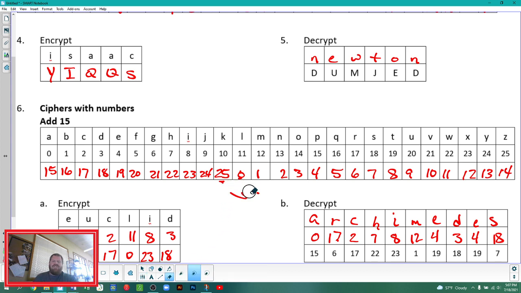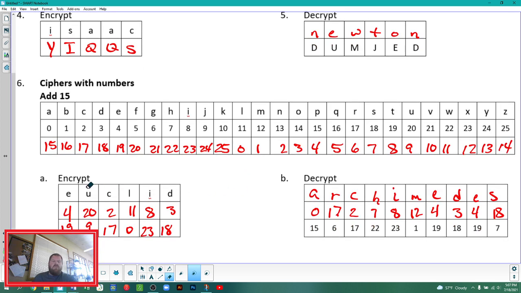So adding 15 to all the plain text numbers essentially turns into a Caesar shift of 11, this being the 11th number. So it is drastically different, but there's enough similarities that it actually ends up working out.